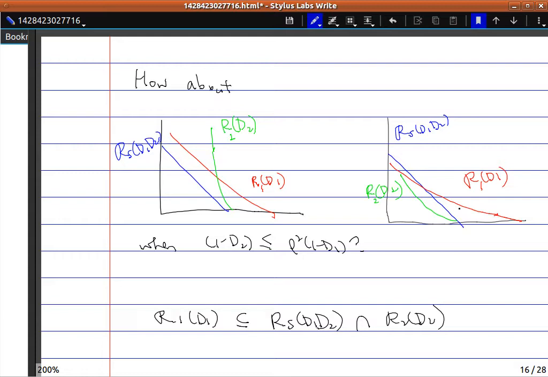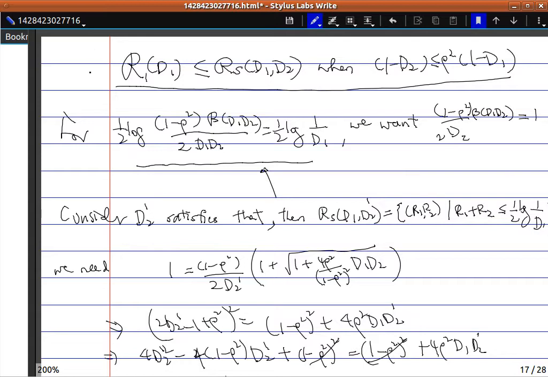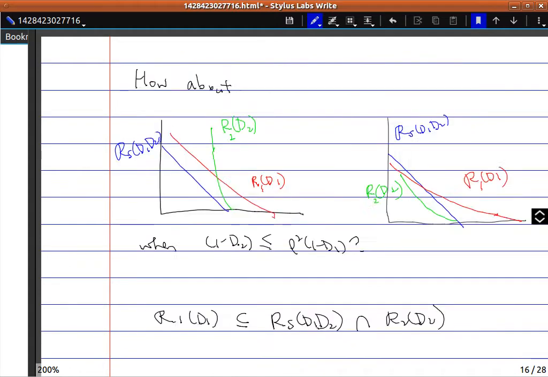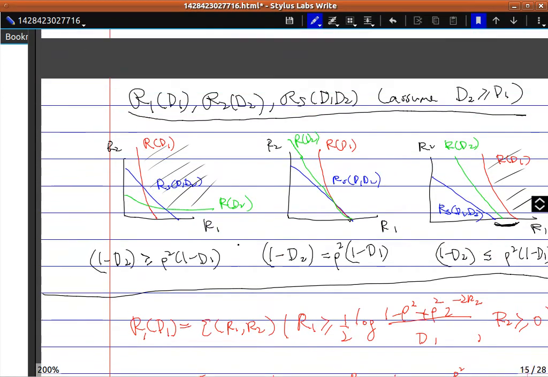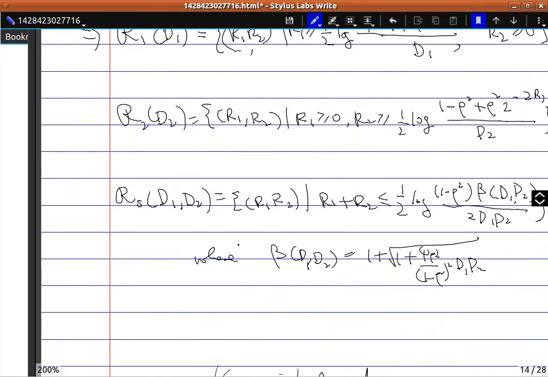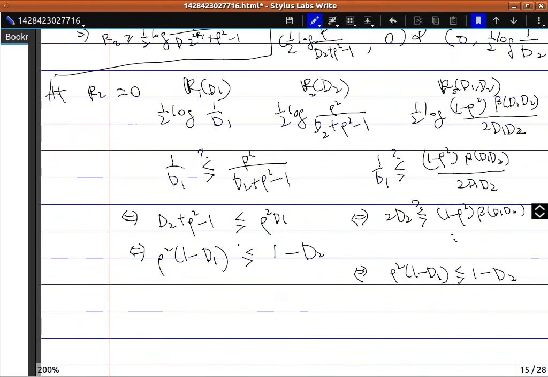But we can actually show that R1 D1 is indeed inside R2 D2 and also RS D1 D2. So let's start with R1 D1 should be inside RS D1 D2 when this condition, 1 minus D2 is less than or equal to rho square (1 minus D1). So this is kind of a repeat of what we talked about earlier, the derivation here, where we skip some steps.